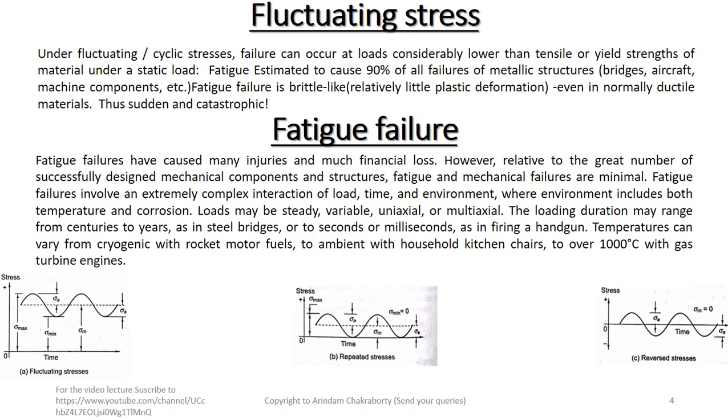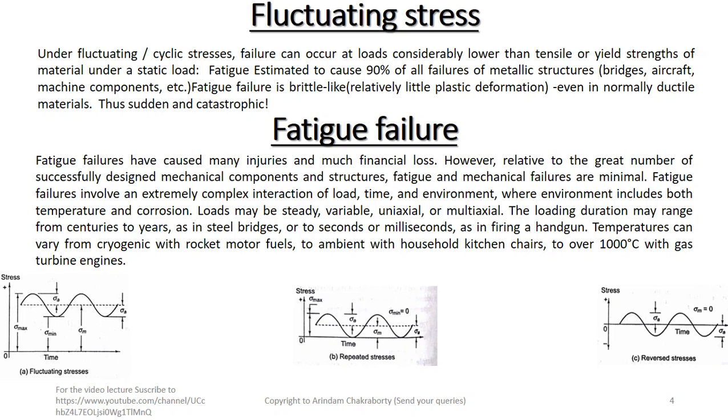Fatigue failure, there are three types of fatigue failure. One is due to fluctuating stress, next is repeated stress, third is reverse stress. I'll give everyone a simple example on the next day, but I'll give you one way to understand.